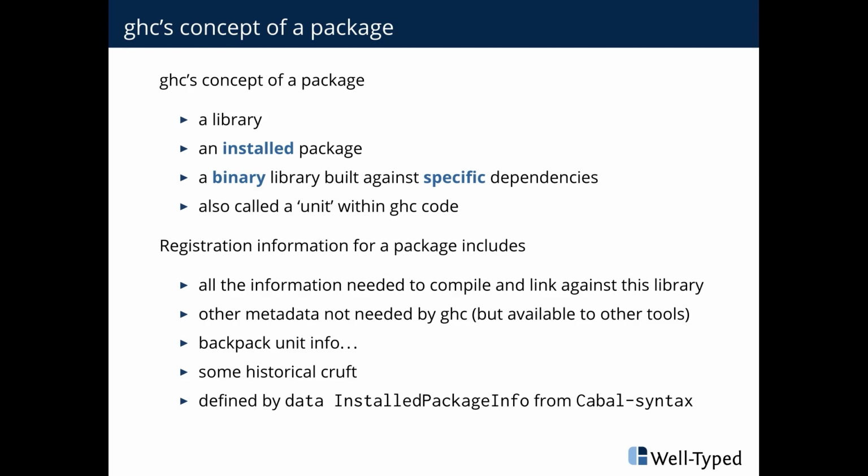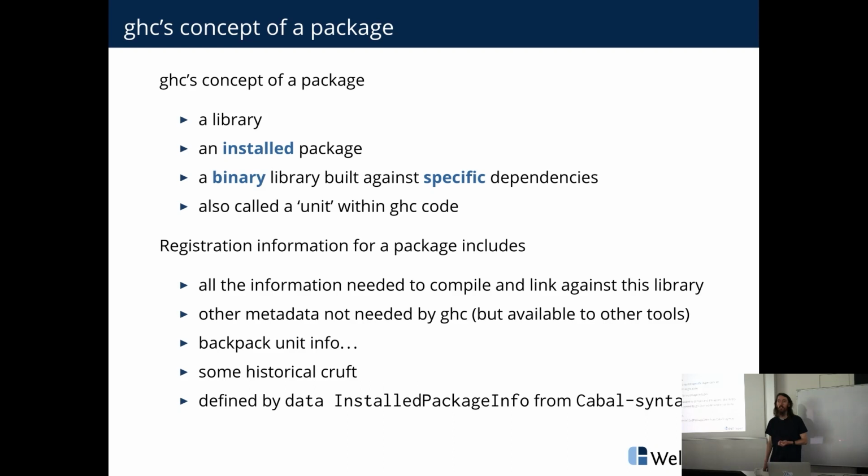In particular, all the stuff that GHC needs to be able to compile and link against the library. So in particular, it includes all the modules that are exported by that library. That comes from the library registration information, both the exposed and the non-exposed modules. It lists all of the dependencies on other registered libraries, so that GHC can recursively go down the tree and then link everything together, or find all the .hi files for everything.